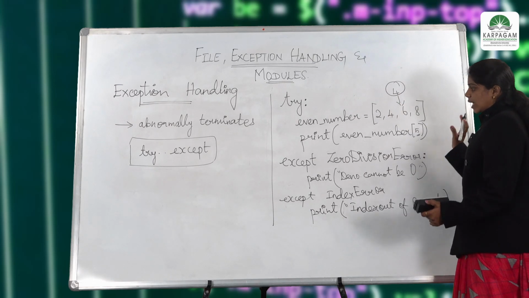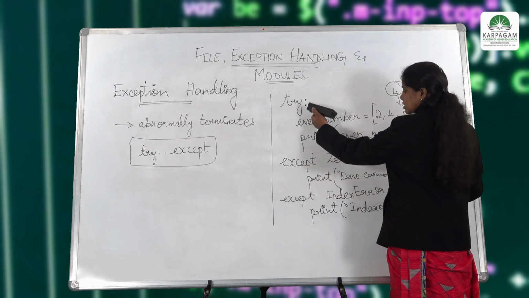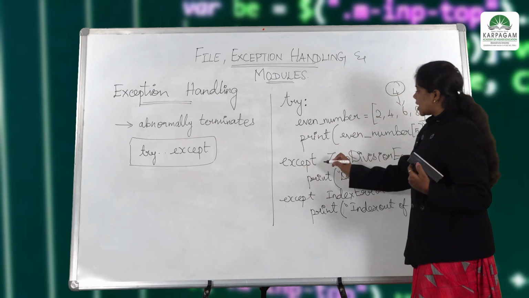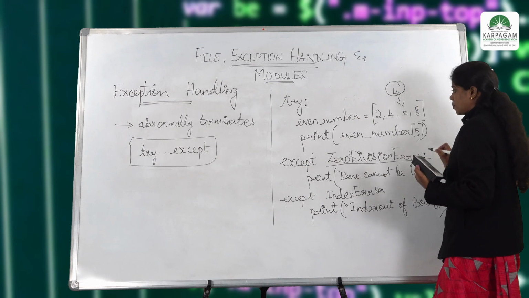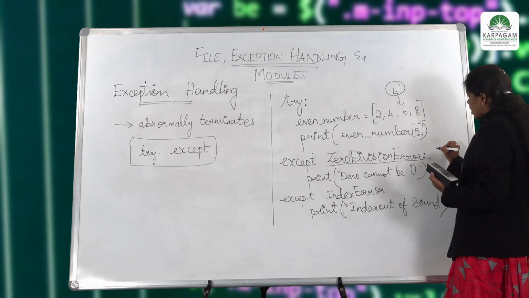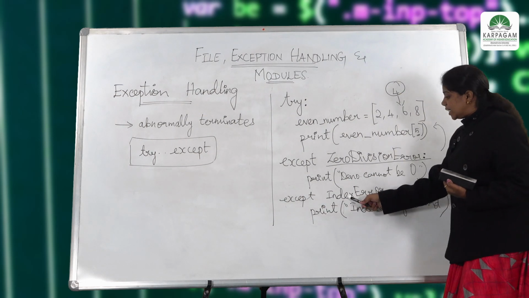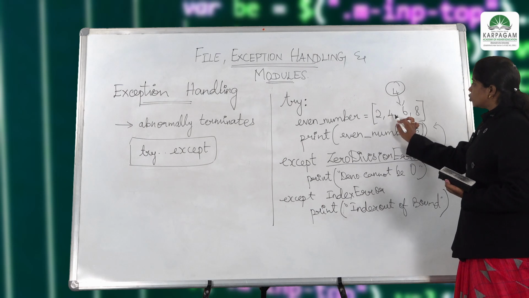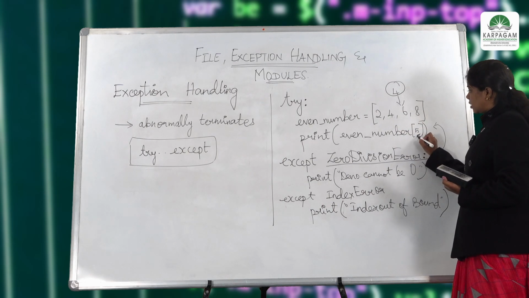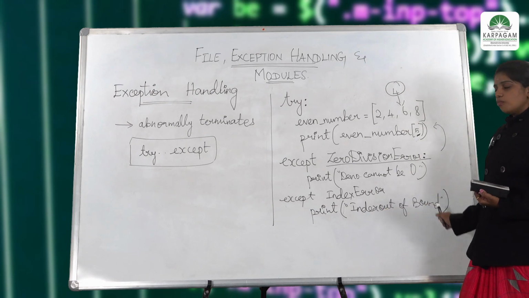So for this error, we are going to create the except block, that is the try except block. First I am giving except ZeroDivisionError. This will not come under our category. So next is except IndexError. See, the indexes are 1, 2, 3, 4, and we are given the index as 5, so it will print "index out of bound".